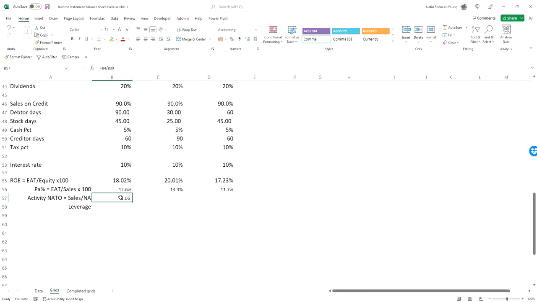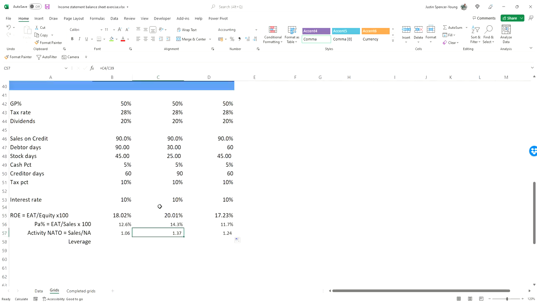All right, we want this number to be as high as possible. You want to generate as much sales as you can with as little net assets as possible. So let's copy and paste this across all the years and see what happens here in the year 1 scenario. This has improved substantially. Why has it improved?